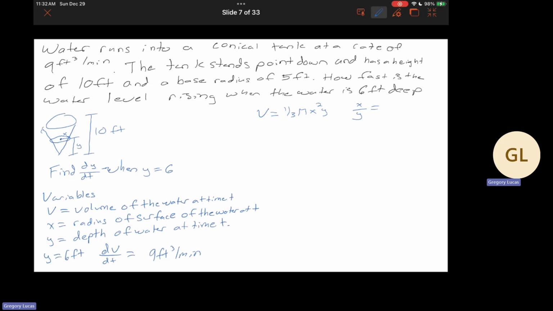We're going to think of it more as a triangle and use some similar triangle properties. So it's the similar triangle from our water level with a similar triangle to the whole cone. We're given that the base radius is 5, so the whole tank is 5 over 10, and that should be equal to the proportion x over y, again by using similar triangles.